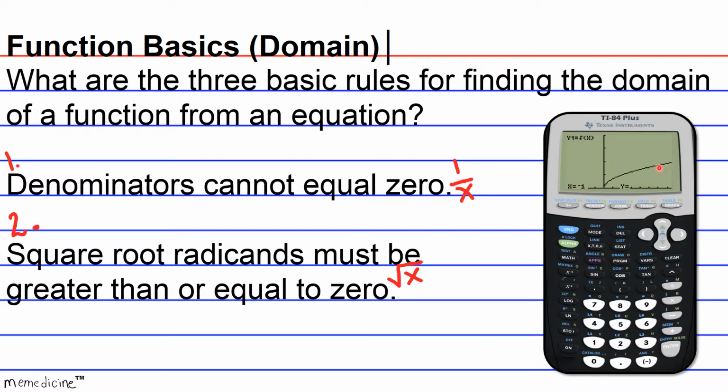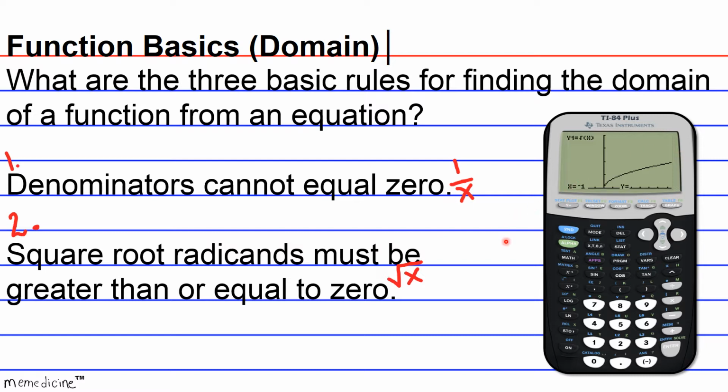We see that when we try to put in a domain value, or an x value, of -1, we don't get anything for y for the equation, the square root of x. It's approaching the negatives, but it has to be great. It starts at 0 and basically increases.